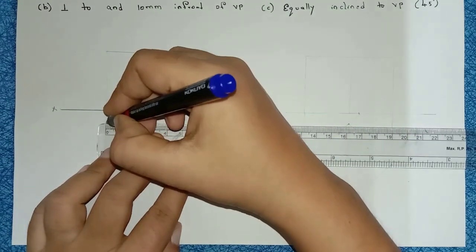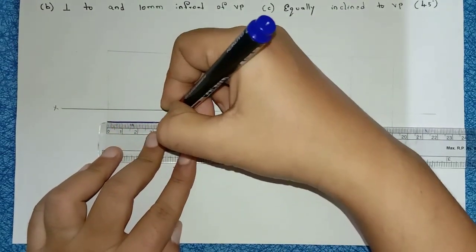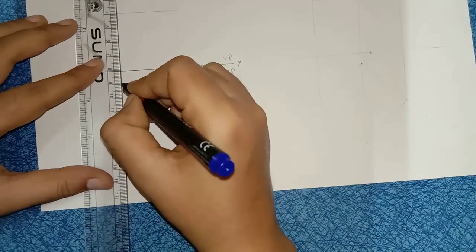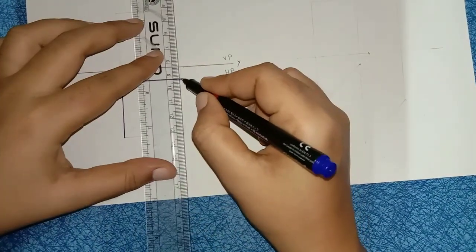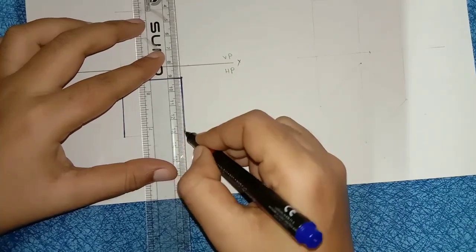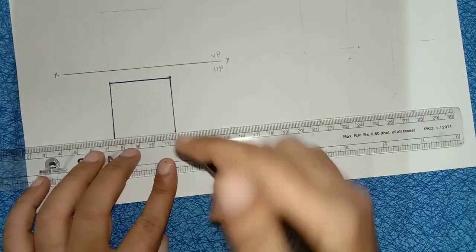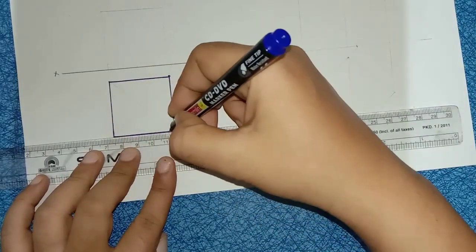The length of the cube is 40 mm, right? In a cube all sides are equal, no? So 40 mm, 40 mm and 40 mm.